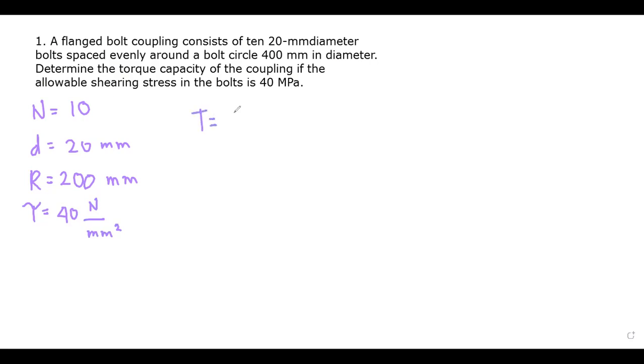Torque is equals to pi d squared over 4 multiplied by R multiplied by N multiplied by shearing stress. So, ayan yung formula natin. Torque, or we can say that T is equals to A, R, N, tau.